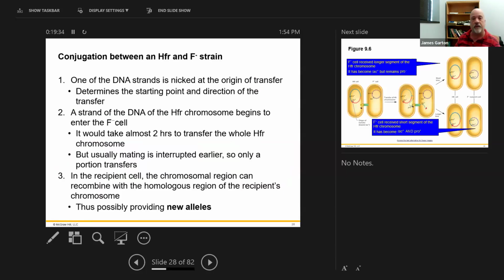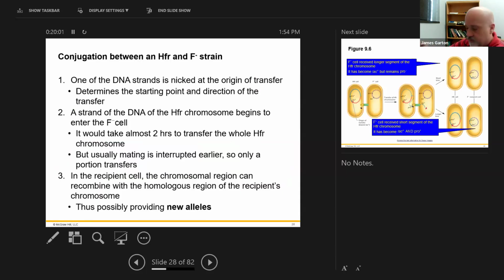And so in an HFR and an F minus strain, one of the DNA strands in the HFR strain is going to be nicked, which determines the starting point of the transfer. That strand of DNA of the HFR begins to enter the F minus cell.